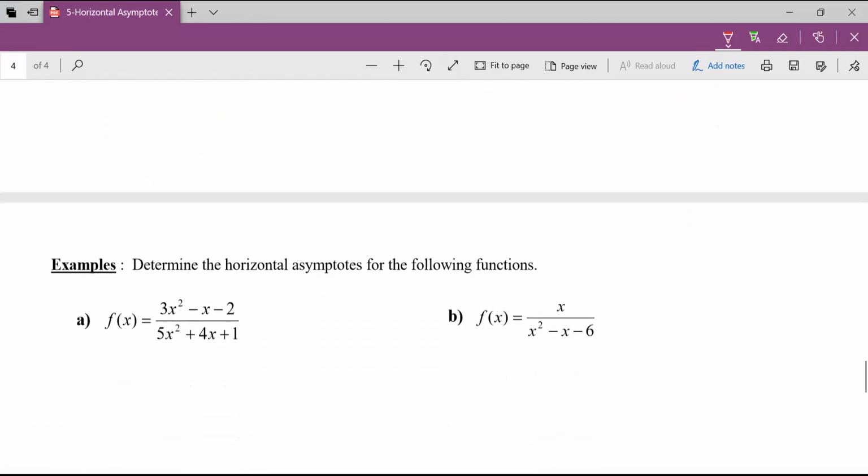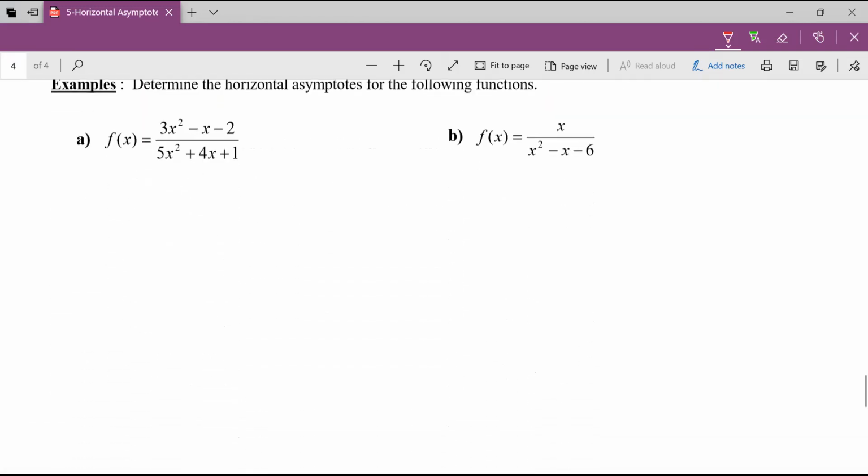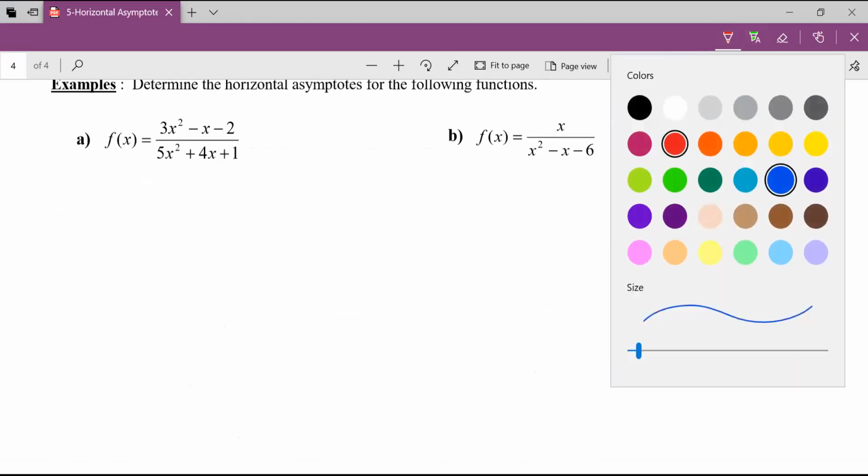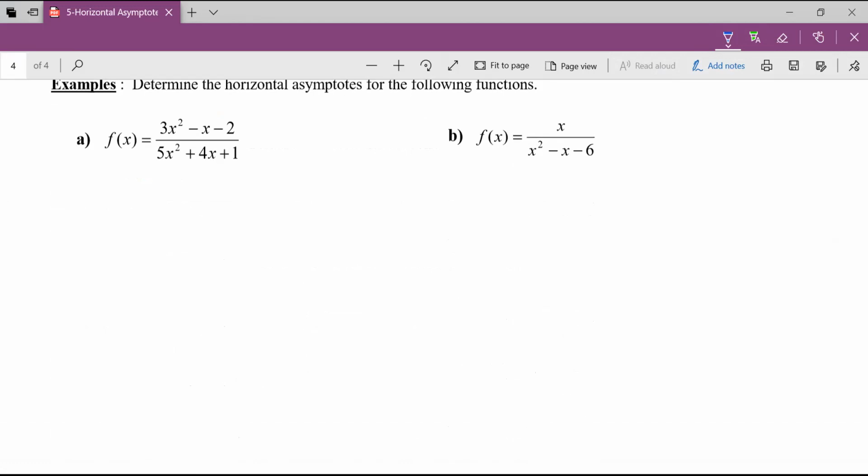Okay, let's try just 2 of these out. It's not that difficult to figure out. So determine the horizontal asymptotes for the following functions. So the first thing I'm going to do is find the limit as x goes to infinity of this, and I'm going to divide everything by that x squared right there.